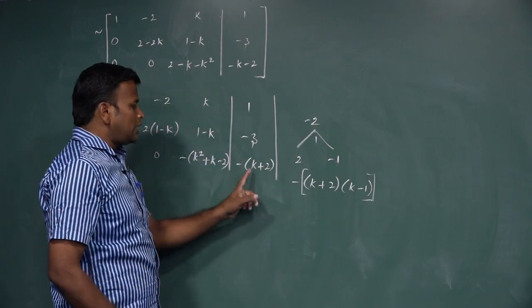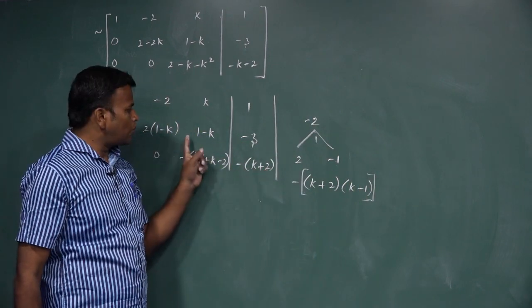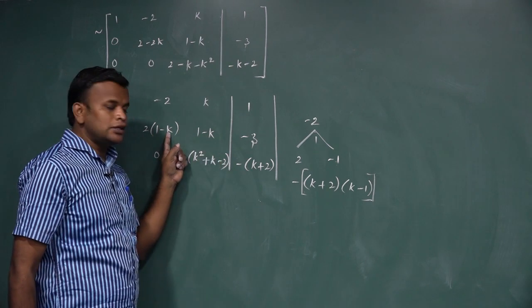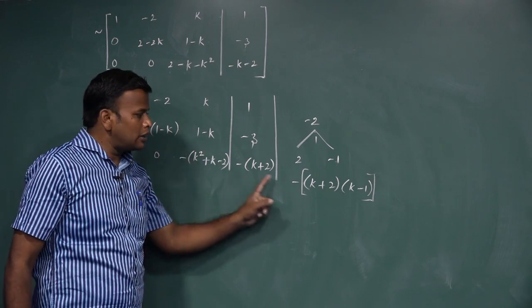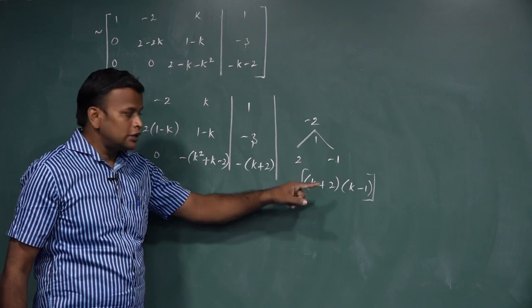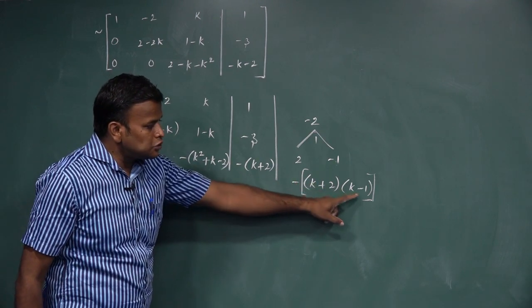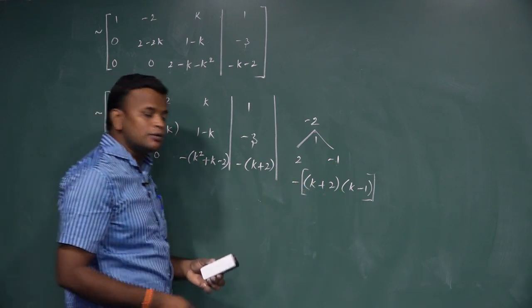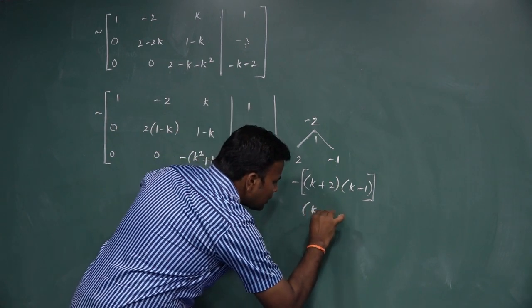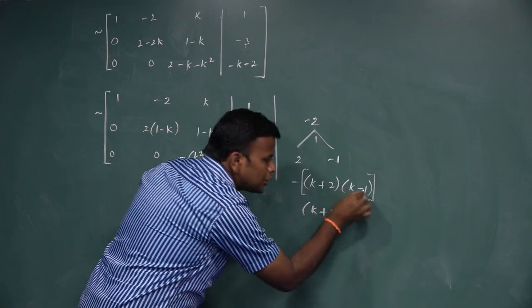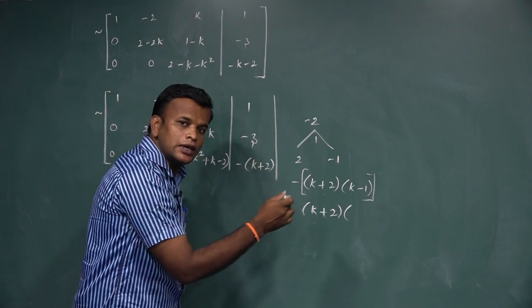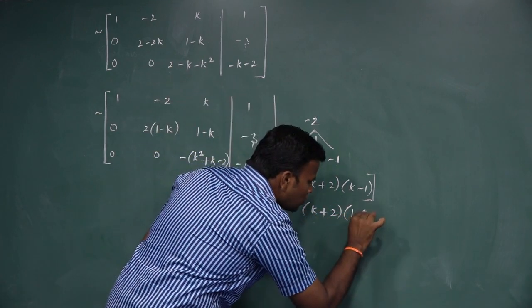Already you see k plus 2 and k minus 1. Already k plus 2 is there. Next step, I multiply this minus into this factor. So it becomes k plus 2, and I multiply inside here, so minus k plus 1. I write it as 1 minus k.